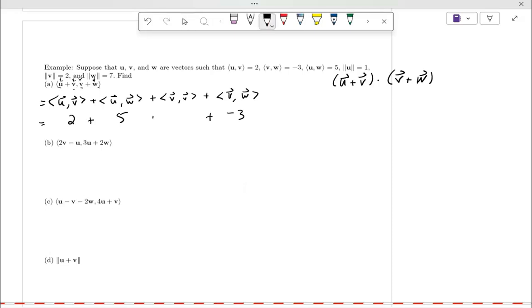Why is it 4? You're exactly right. The magnitude. Good. Right there. It says the magnitude of v is 2. Remember, the magnitude is defined as the square root of the inner product with itself. So if you square both sides, inner product with itself is magnitude squared. Right? 7 plus 1 minus 3 is 8.